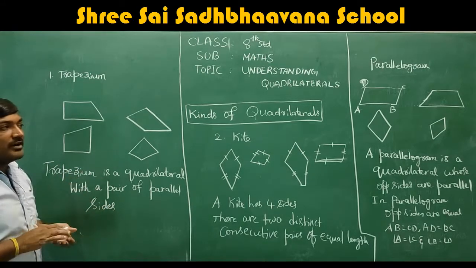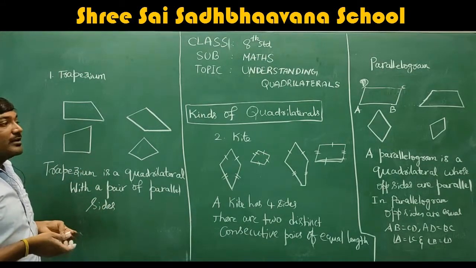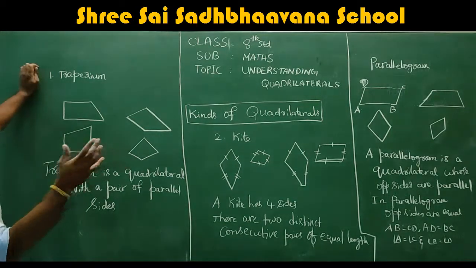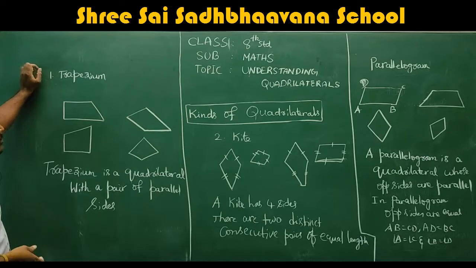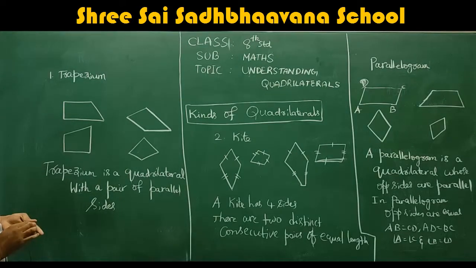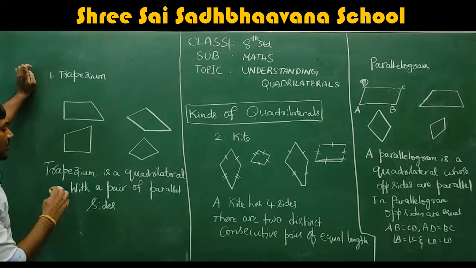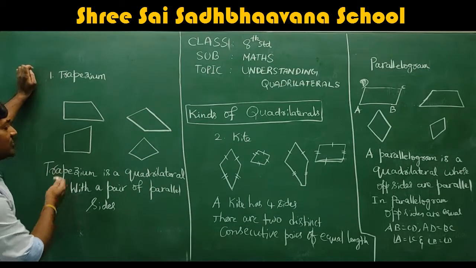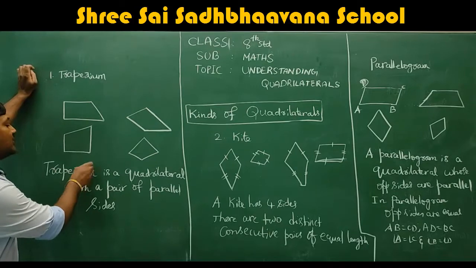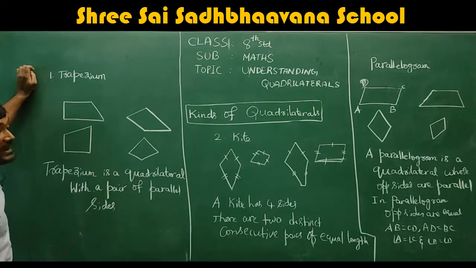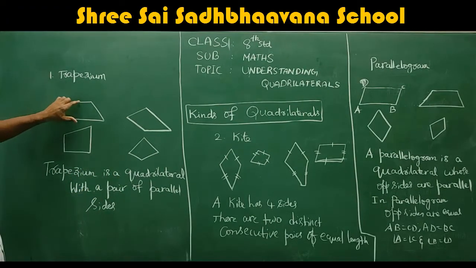Types or kinds of quadrilateral mean they are all quadrilaterals with distinct properties. The property of a trapezium is that it is a quadrilateral with a pair of parallel sides. It will have parallel sides, not equal sides.